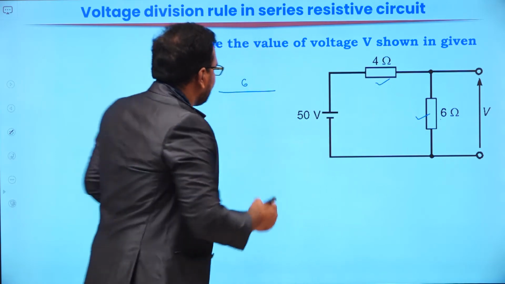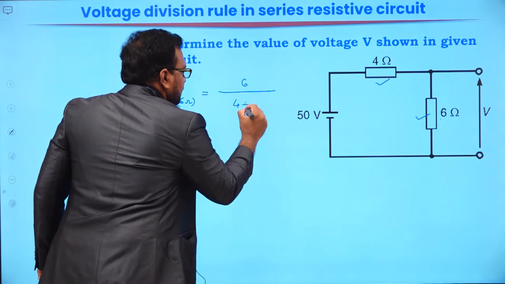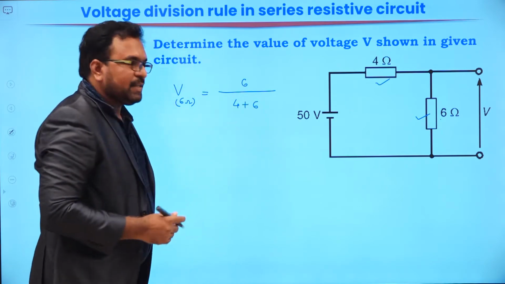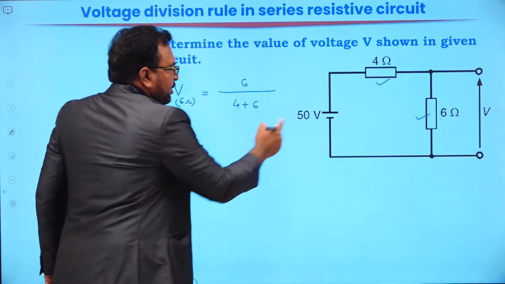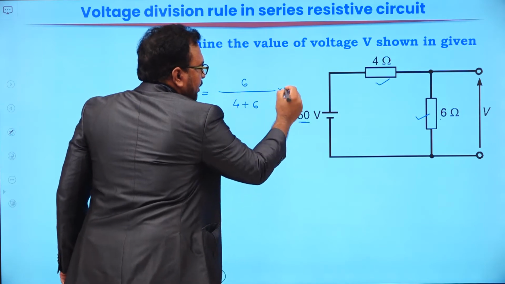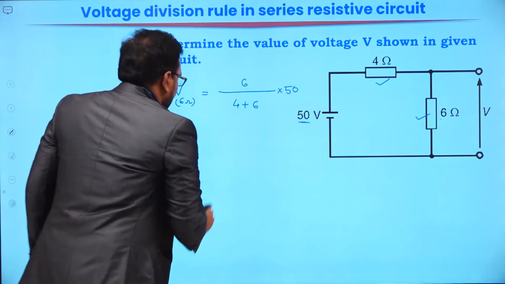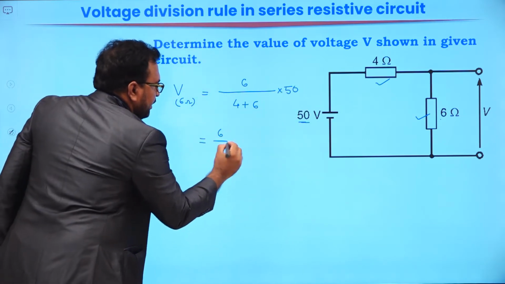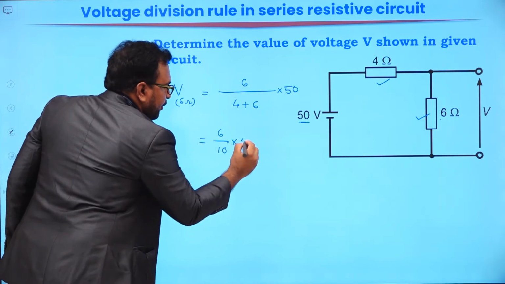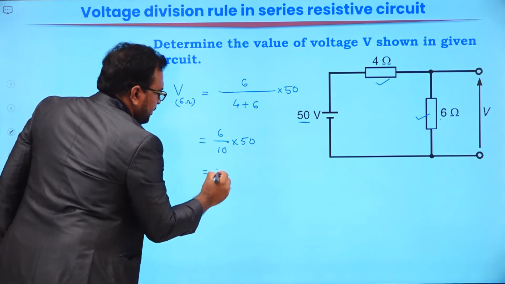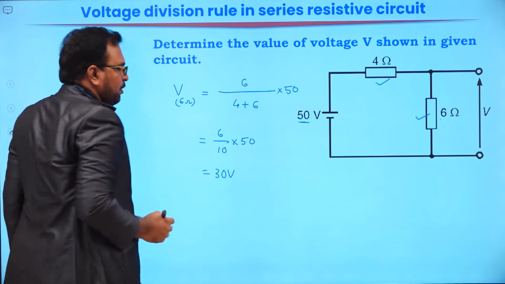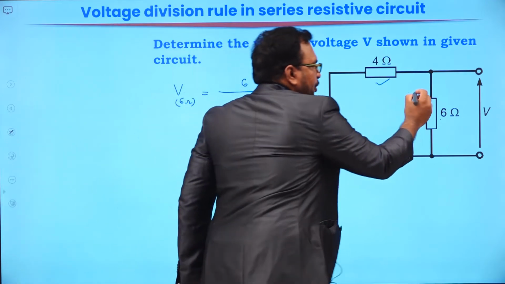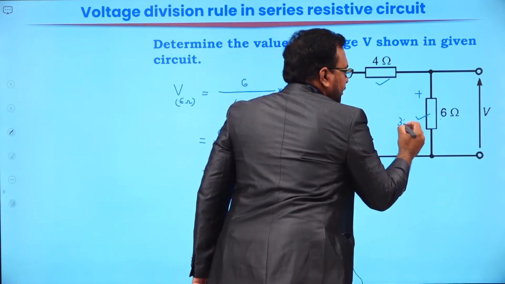So the total resistance will be 4 plus 6. And what is the total voltage applied with the series combination? 50 volts. So multiply with 50. So the answer will be 6 divided by 10 into 50. That means 30 volts. So the voltage that is going to be dropped is 30 volts.